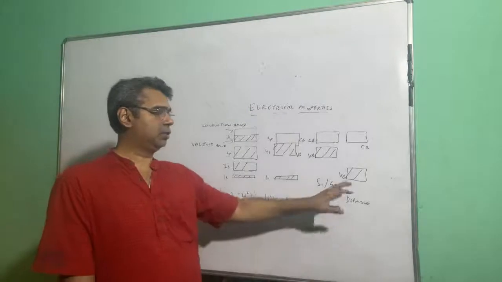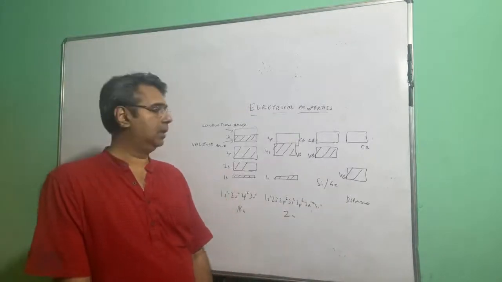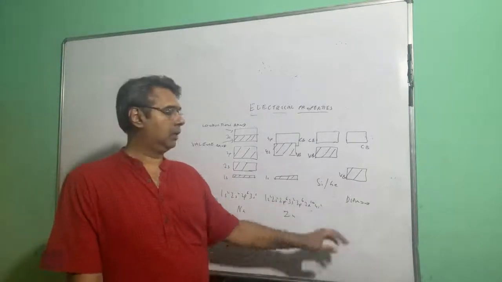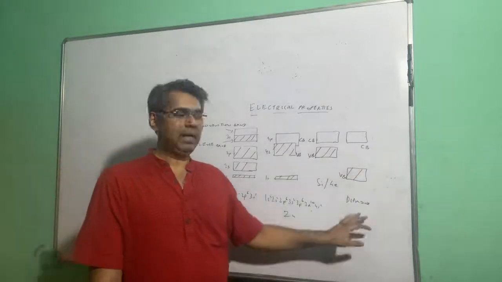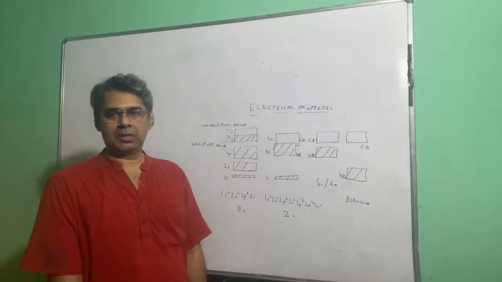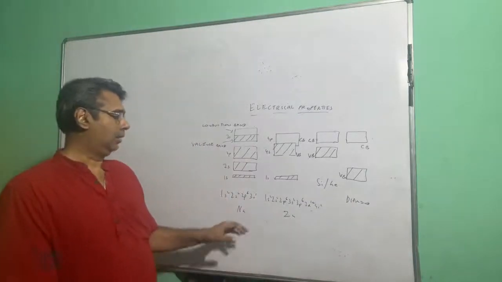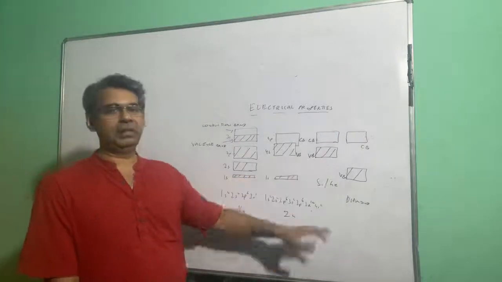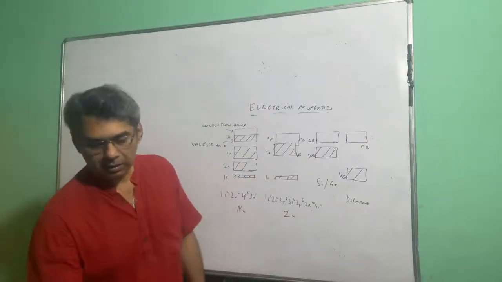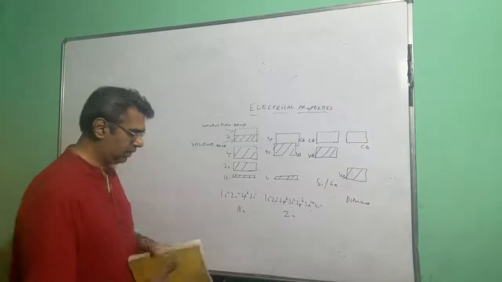In fact, the gap is so huge that it is virtually impossible for a valence band electron to go to the conduction band. So now you can see why diamond and insulators have such poor conductivity, why conductors like sodium and zinc have good conductivity, and why the conductivity of semiconductors is between that of conductors and insulators.